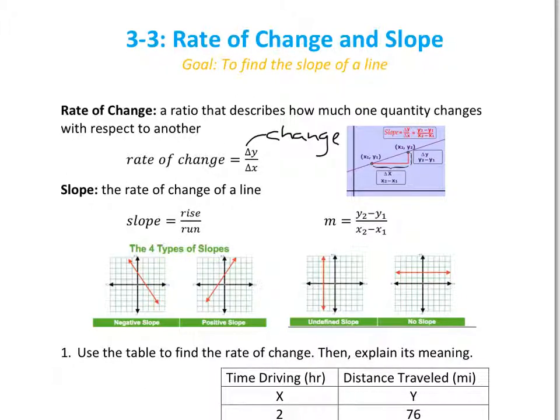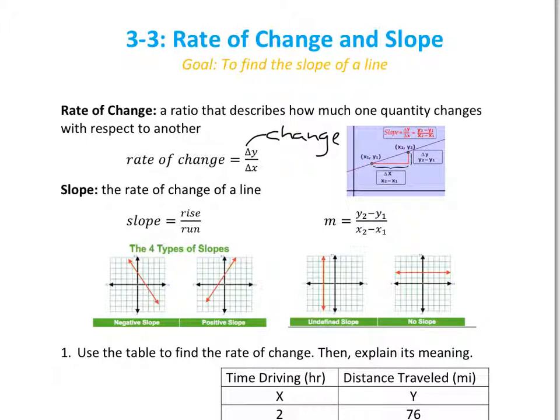So the slope is calculated by the rise over the run. We call it the rise over run. You might see slope equals rise over run before. It's also calculated by change in y over change in x. And the way that we do that is we do y2 minus y1 over x2 minus x1. So two y coordinates, subtract the difference between two y coordinates over the difference of two x coordinates, or the change in x, which is x2 minus x1.